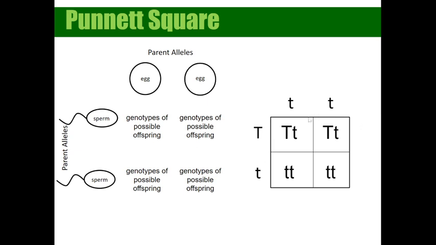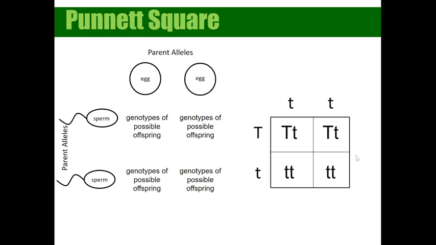Now, let's look at our combinations because what you'll do is bring it across and bring it down. So you'll bring the big T, so you write big T, big T. Down here, little t. And then you'll go down from the top and work your way down. So you go little t, little t, little t, little t.